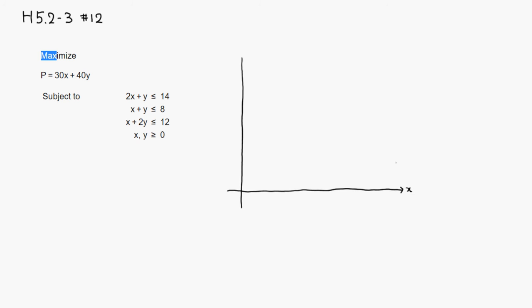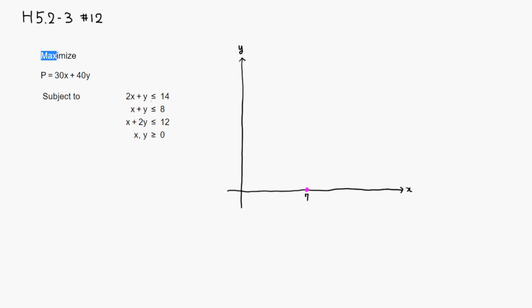Let's look at the first inequality. Pretend that this is an equality and you want to find the x-intercept, so hide y. You have 2x equals 14, so 7 is going to be the x-intercept. I'll put 7 right here, and it's going to go through here.